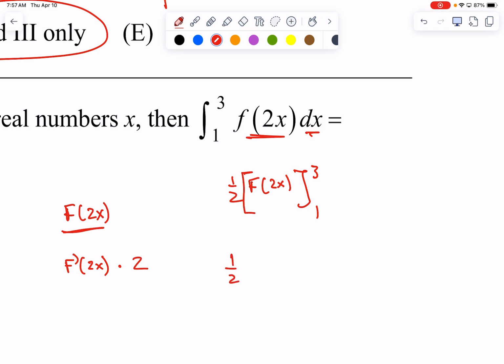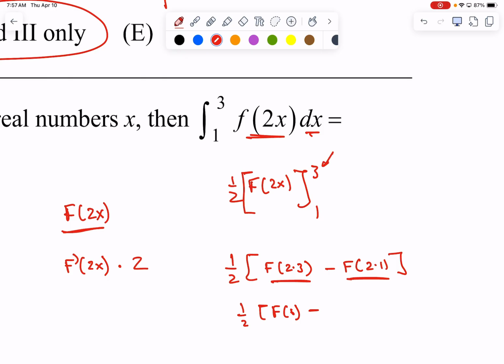So I'm going to have 1/2 times big F of 2 times 3, minus, remember it's end position minus start position, big F of 2 times 1. So it'd be 1/2 times F of 6. The end is 3 and the start is 1, right?